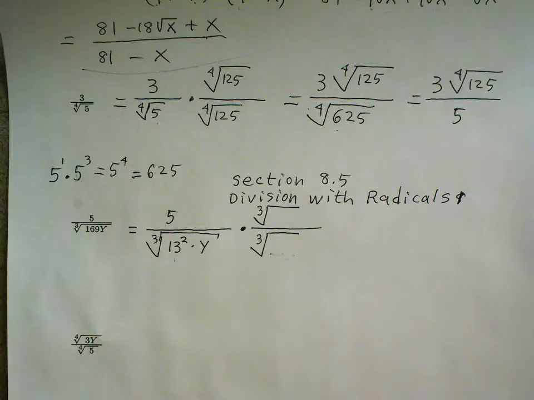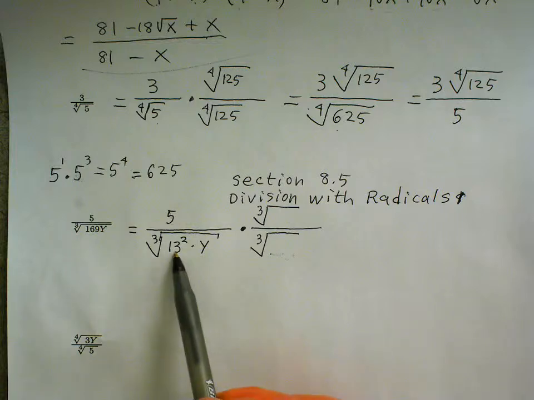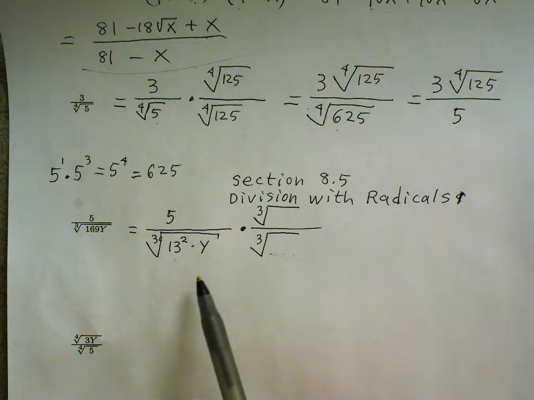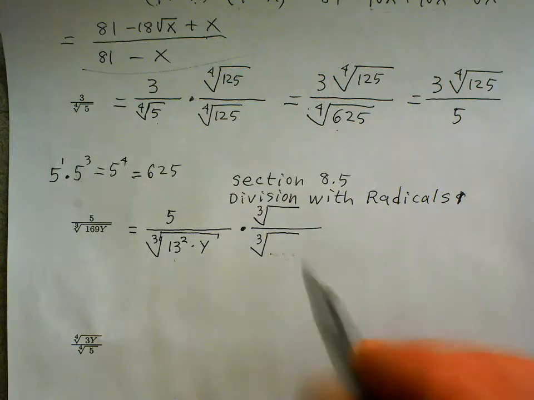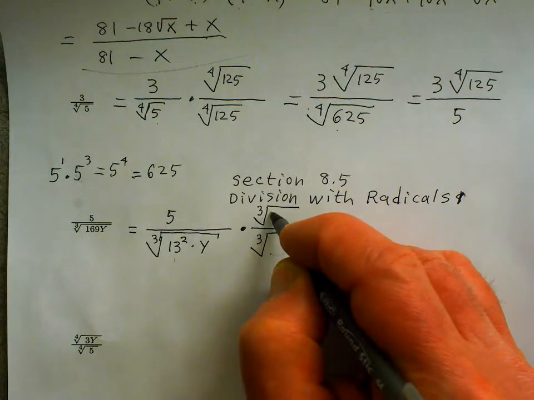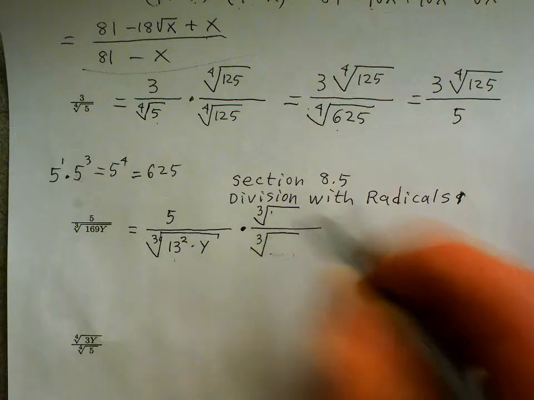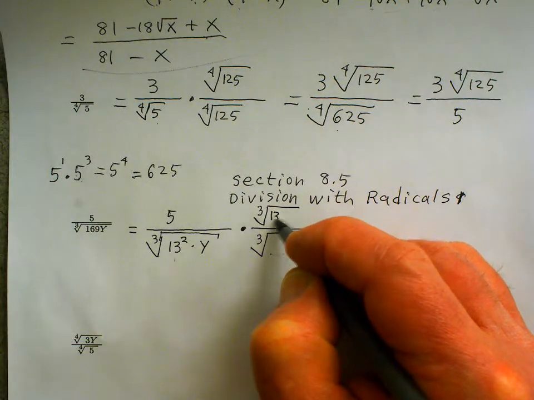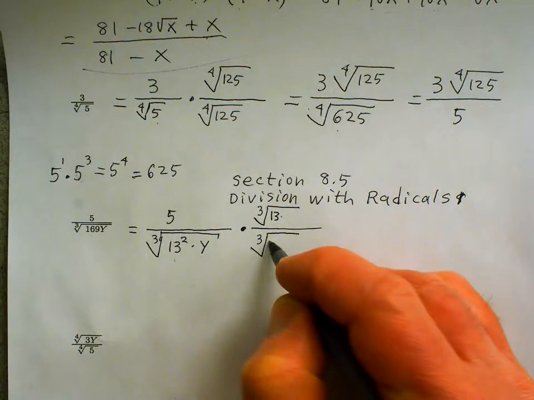What would I have to multiply by 13 to the second to get a perfect cube? 13. That's right, 13. 13 to the second times 13 is 13 to the third, which is a perfect cube. So the form that 1 takes will have to have a factor of 13 in both of them.